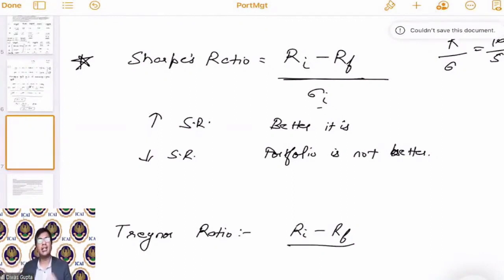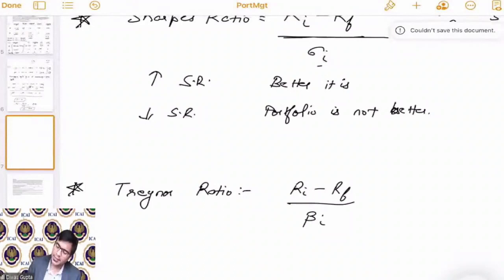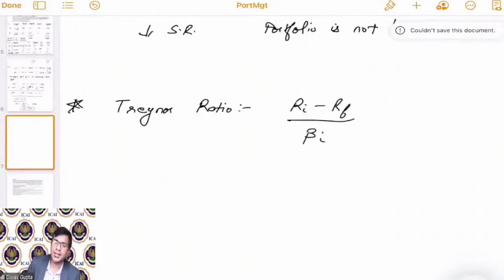So he's saying, let's see what excess return we are getting per 1 unit of beta. Here standard deviation is the total risk, and here beta is used to calculate the systematic risk, so it is only a part of the total risk.